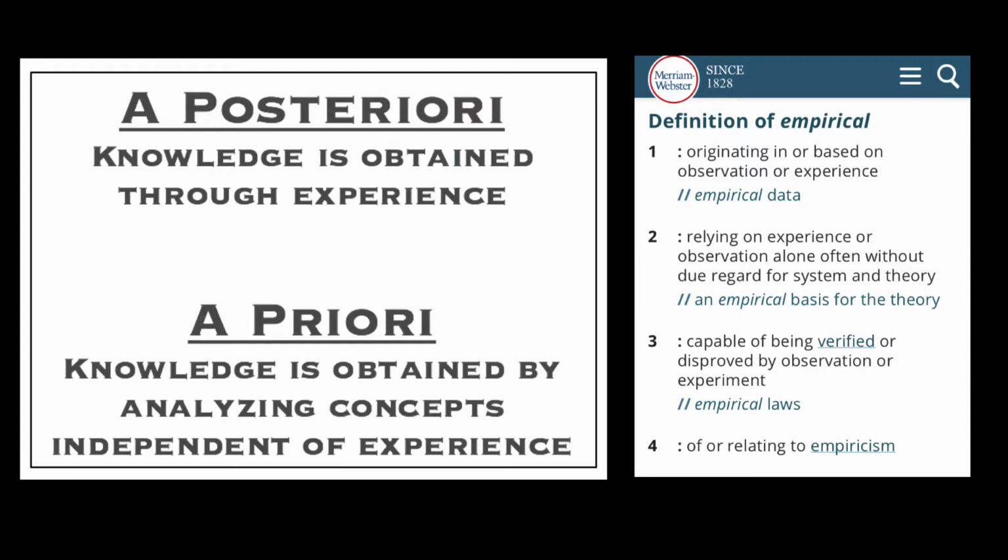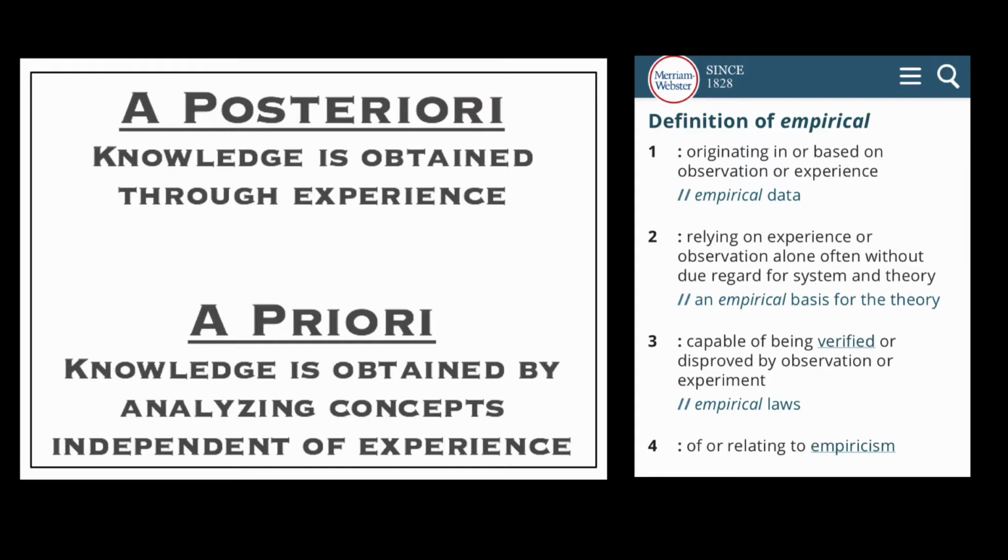What's empirical? Originating or based on observational experience. Relying on experience or observation alone, often without due regard for system and theory. Capable of being verified or disproved by observation or experiment. That's what I want. Or relating to empiricism.